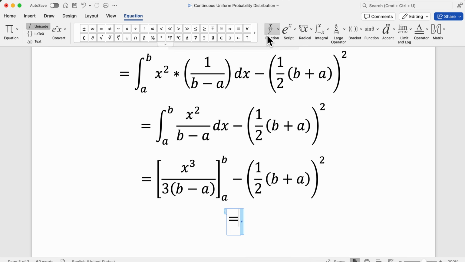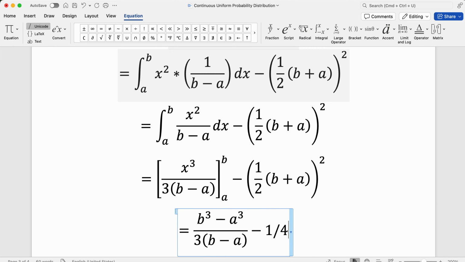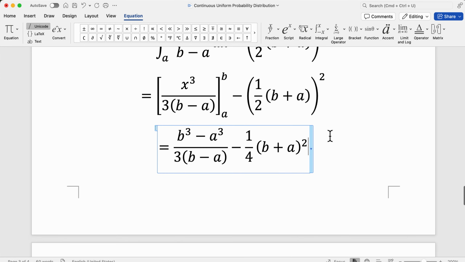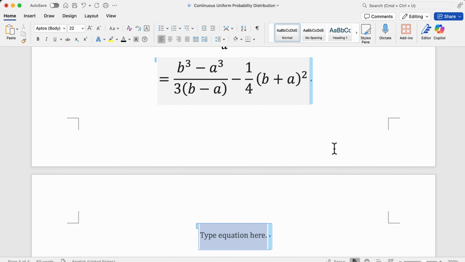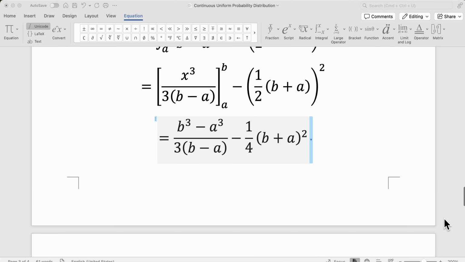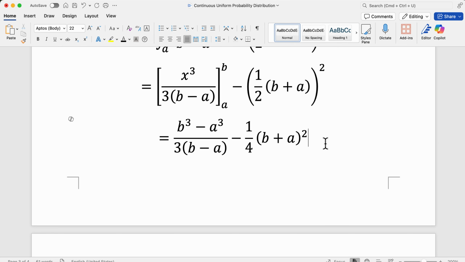So then this becomes minus a quarter of b plus a squared. Then I need to look up quickly the difference of two cubes formula.